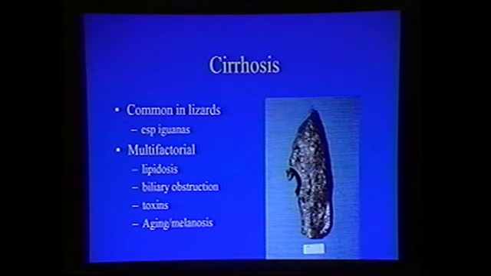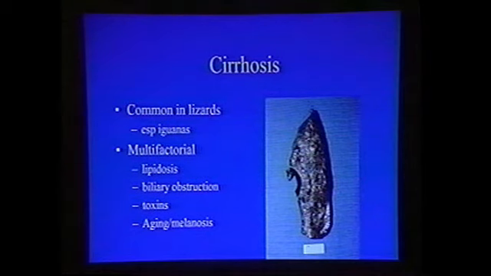Cirrhosis is most commonly seen in lizards, particularly iguanas, and the cause is undetermined, primarily because by the time the lesion is examined by a pathologist, the chronicity of the lesion makes interpretation of its underlying cause difficult. The condition may be precipitated by lipidosis, biliary obstruction, hepatotoxins, aging, and exuberant melanosis.